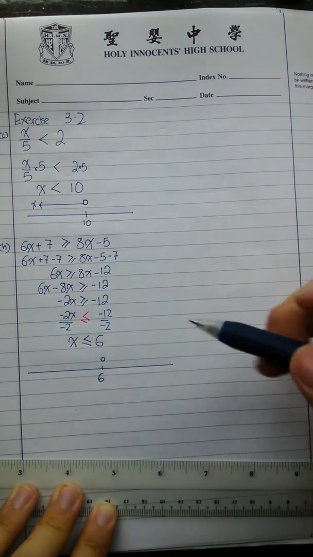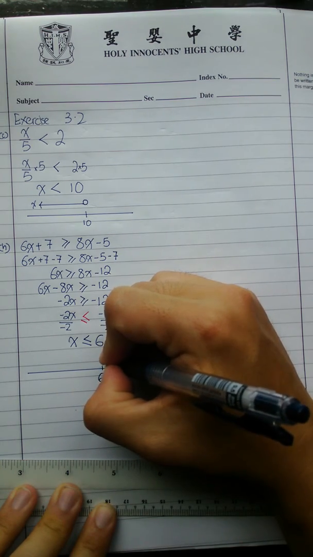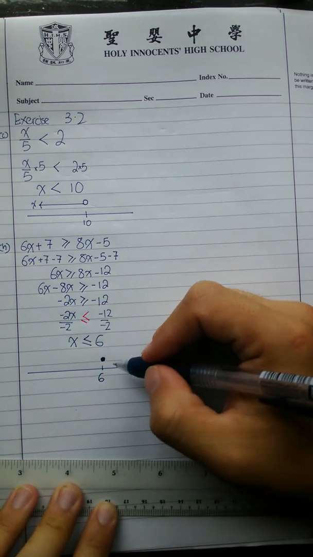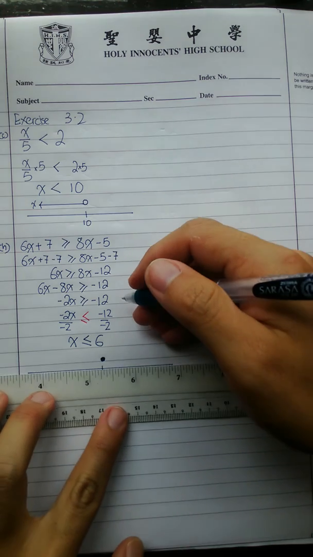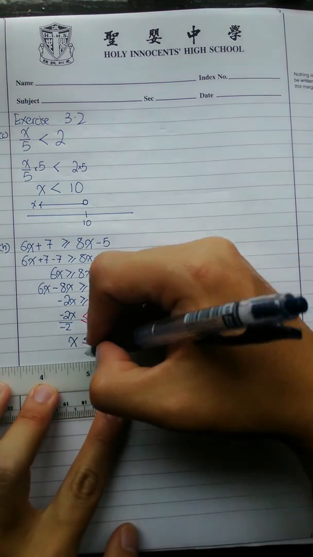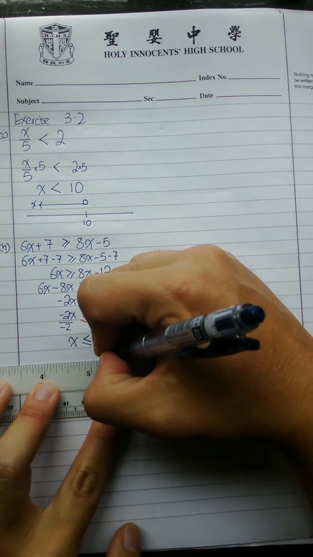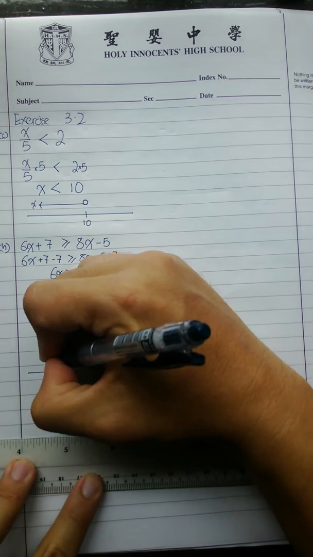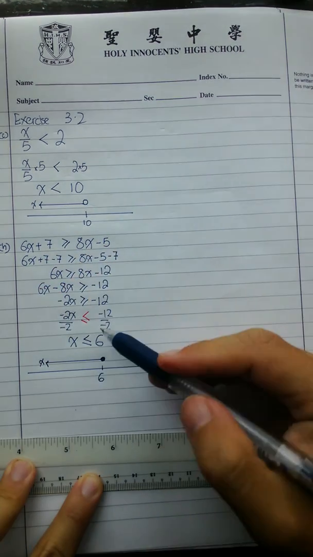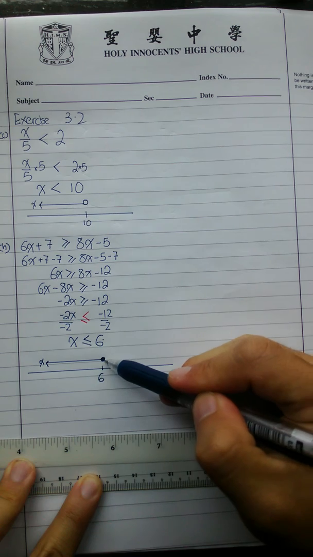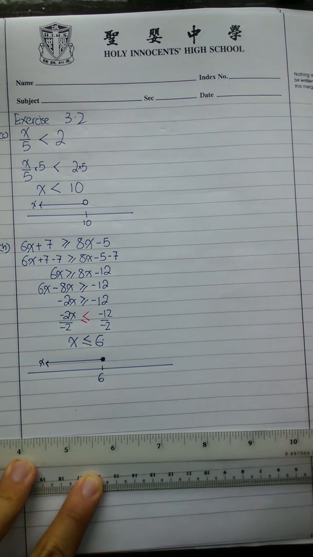In this case, it can be equals to 6. So I will color the dot. The colored dot means that it can be equals to 6 itself. x is lesser than or equals to 6. So if I draw an arrow, I have represented this inequality on a number line, and x is lesser than or equals to 6.